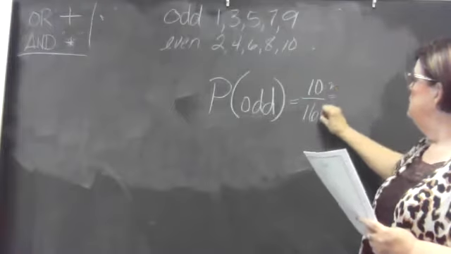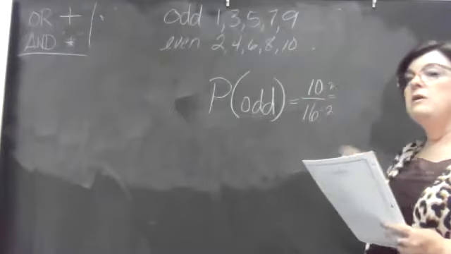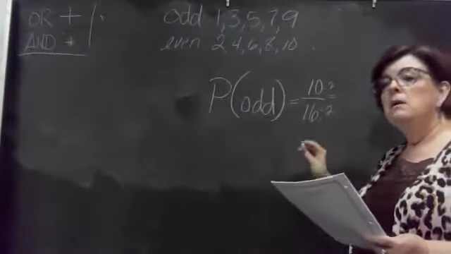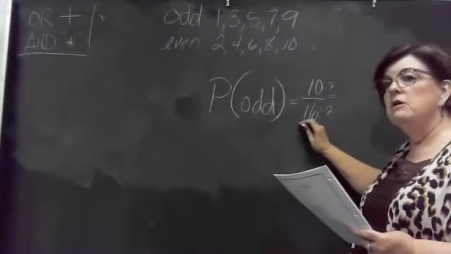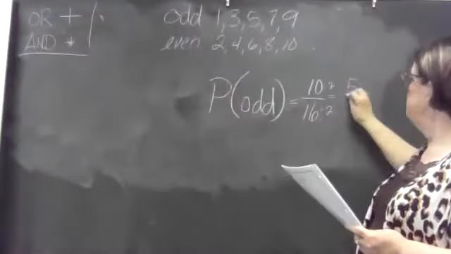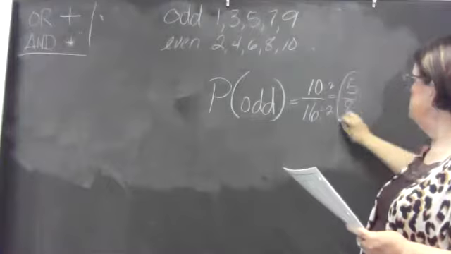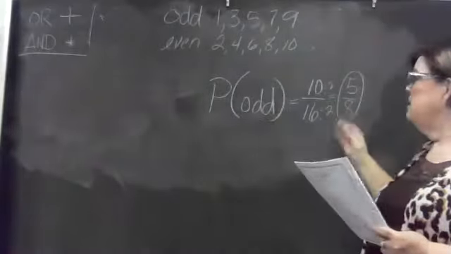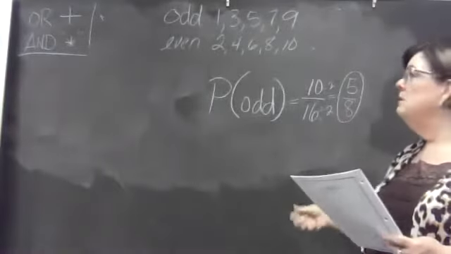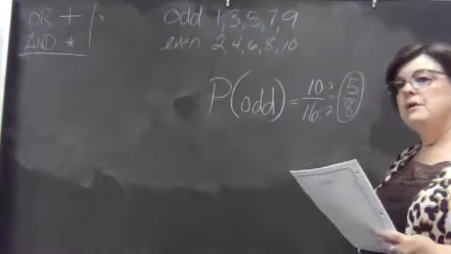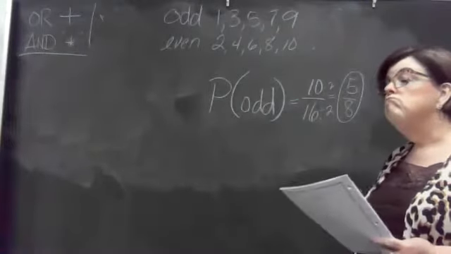And you guys stop me right now, especially Sandra, and find out how to do this on your calculator. Okay? And so, of course, the answer's right there on your page. There's 5 chances out of 8 that if you spin that thing, you're going to get an odd number. Okay, 5 chances out of 8, which is pretty good.